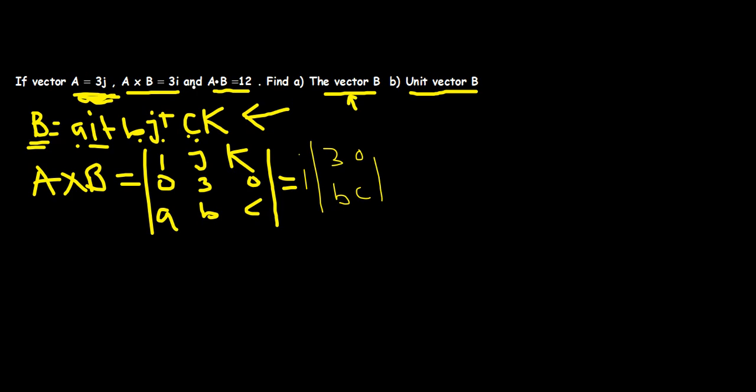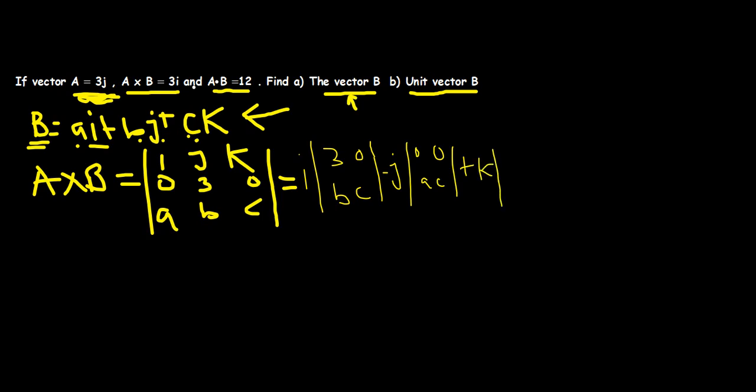Then I'm going to say minus j, and if I cancel out the jth column and the first row, I'm going to have 0, 0, a, c. And then plus k.